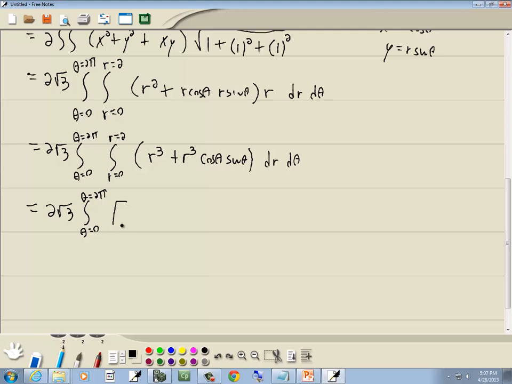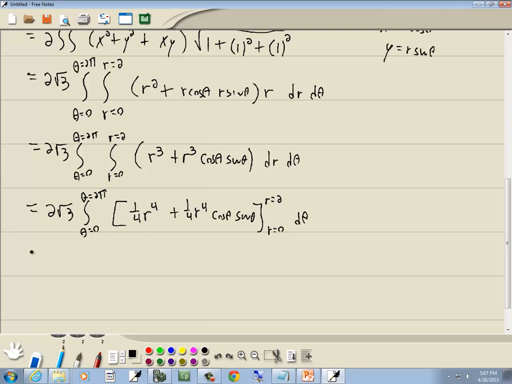So this becomes 1/4 r to the fourth plus 1/4 r to the fourth cosine theta sine theta from r is equal to 0 to r is equal to 2 d theta. Doesn't do me any good to plug 0 in for r because then everything would disappear, so I'll plug 2 in. 2 to the fourth is 16, divided by 4 is 4.